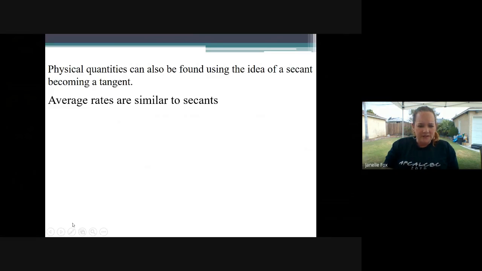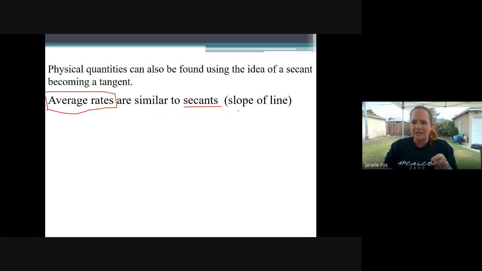This average rate is going to be similar to taking a secant. For a secant, it's just the regular slope of a line, y2 minus y1 over x2 minus x1, or in function notation, f of x sub 2 minus f of x sub 1 over x sub 2 minus x sub 1. An average rate of change would be finding the slope of a secant.